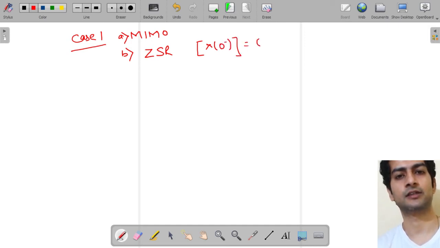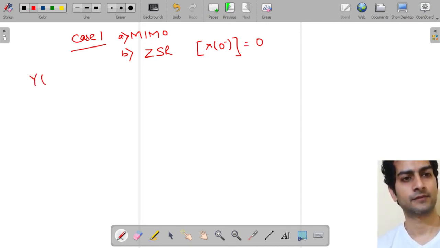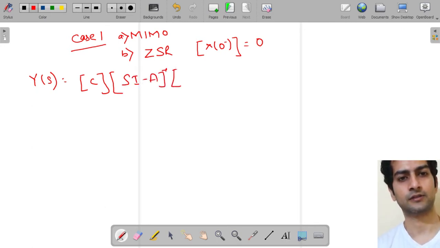Then see what we will have. Again write Y(s). We will get C(sI minus A) inverse B plus D. But now we are having a MIMO system.